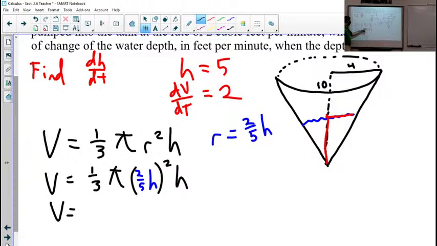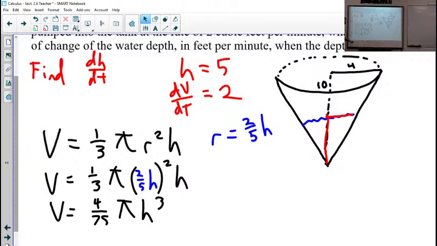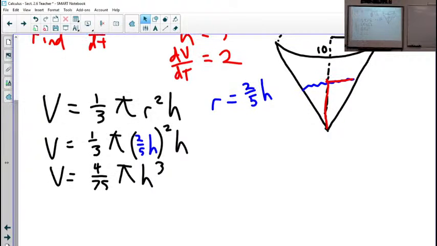Let's see, 2/5 h squared is 4/25 h squared, times 1/3 is 4/75, times pi, and then h cubed. And now it's time to take our derivative. Now we have it in terms of one variable, which is going to be much easier on us.